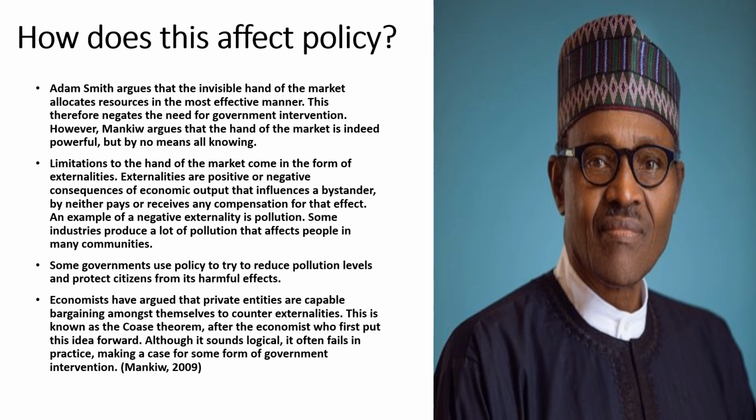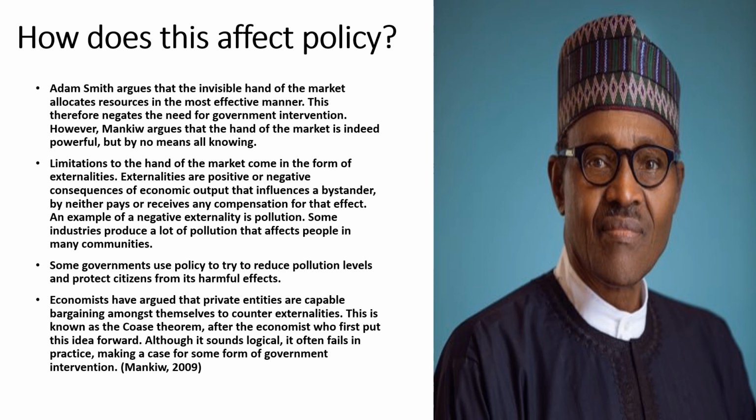An example that I gave earlier of a negative externality is pollution from a factory, and some industries produce a lot of pollution that affects people. And some governments use policy to try and reduce pollution levels and protect citizens from its harmful effects.